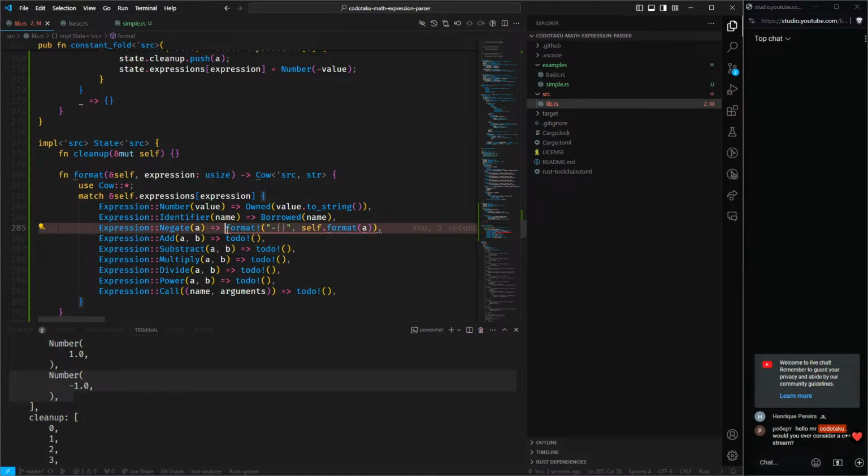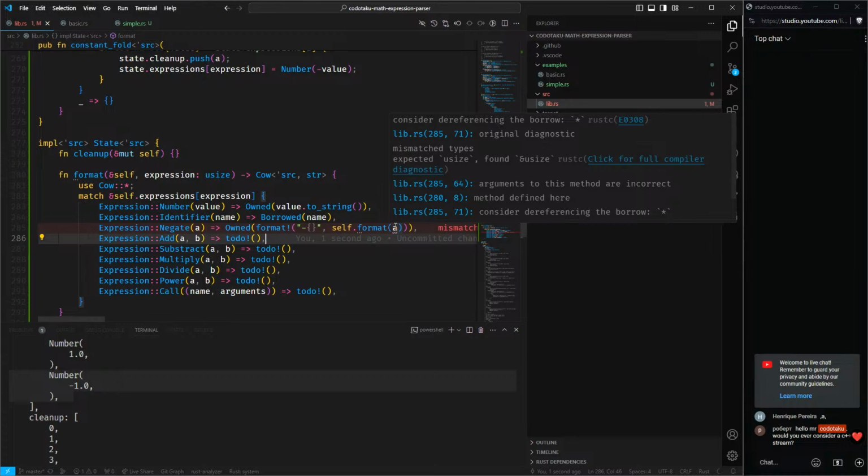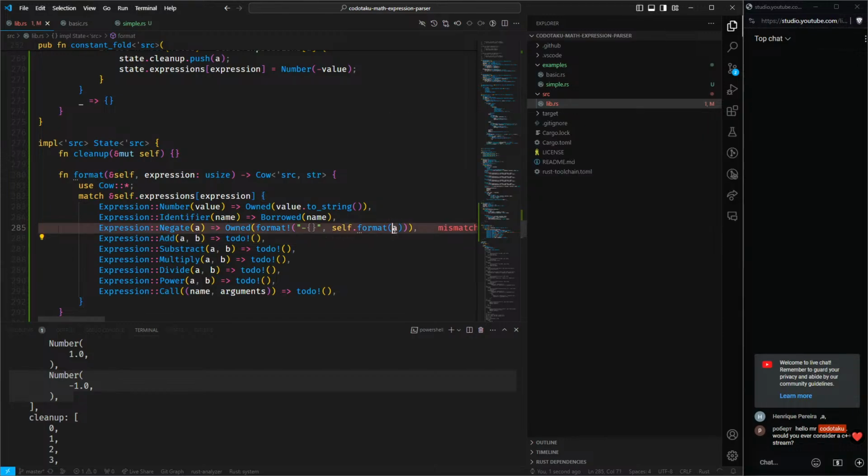Okay, great. So here we got an owned string. And we got format self.format. Consider dereferencing the borrow. Expected usize found. Huh. What? So, oh, yeah, I see.